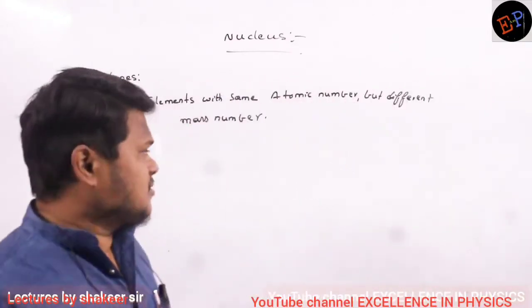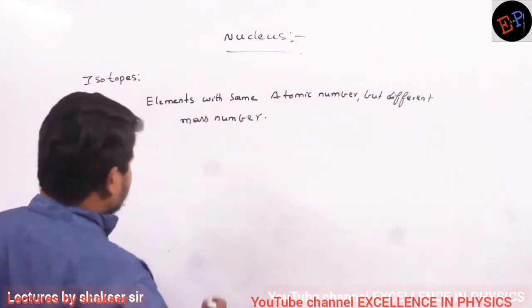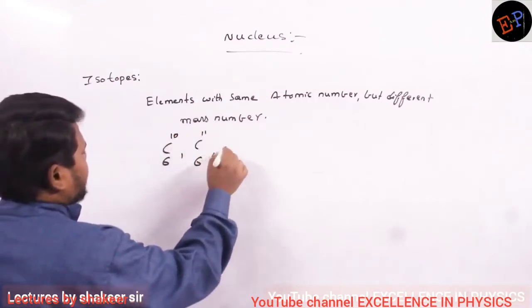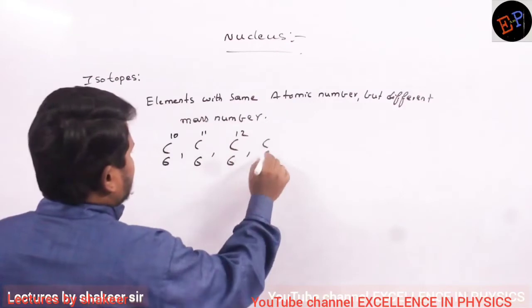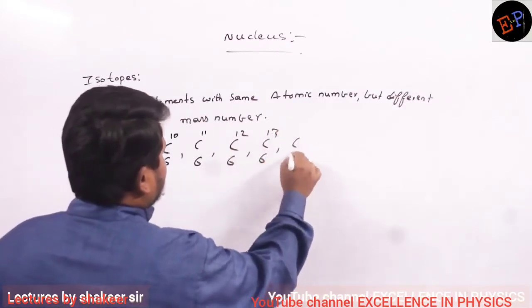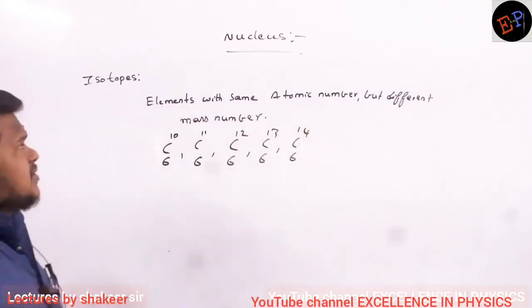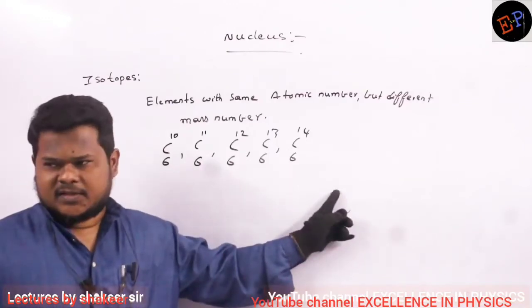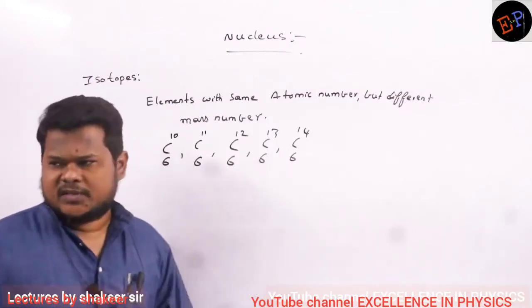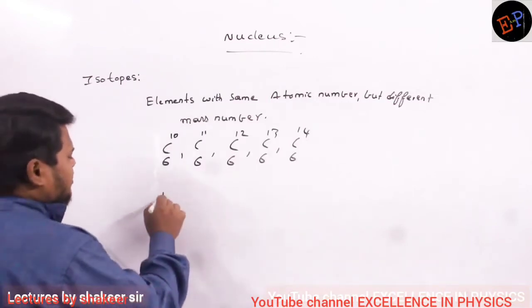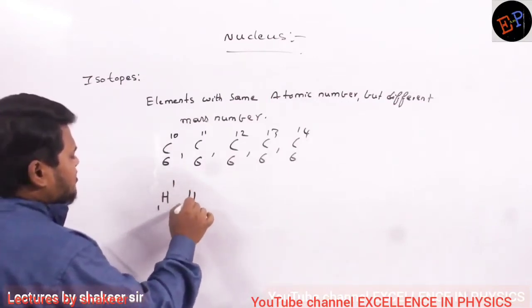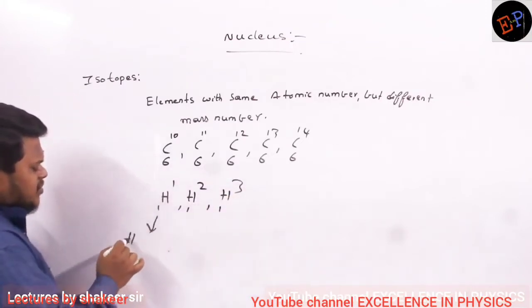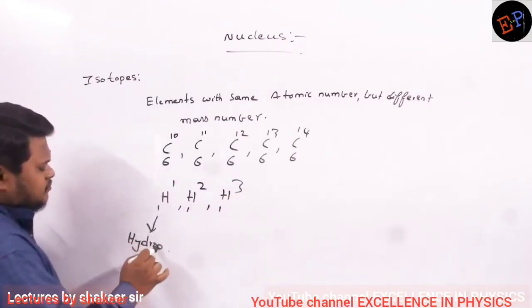Just now we wrote an example, the isotopes of carbon: carbon 6-10, 6-11, 6-12, 6-13, 6-14. All of them you can call isotopes, because their mass numbers are different and atomic numbers are the same. Similarly, you can write hydrogen 1-1, 1-2, 1-3.